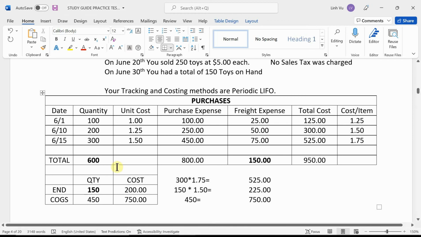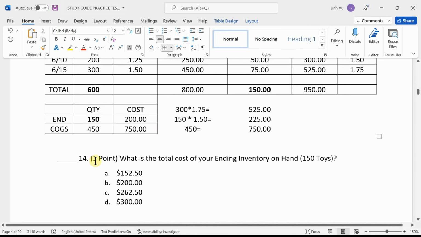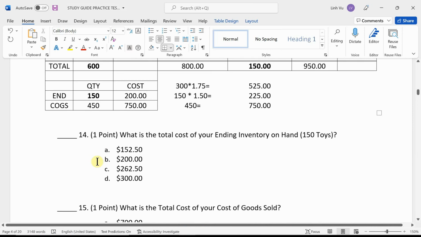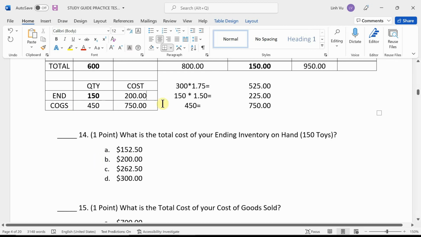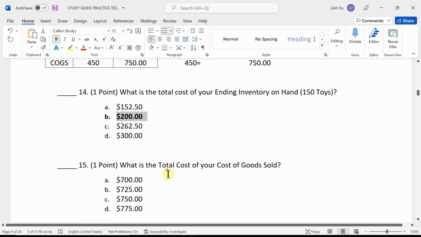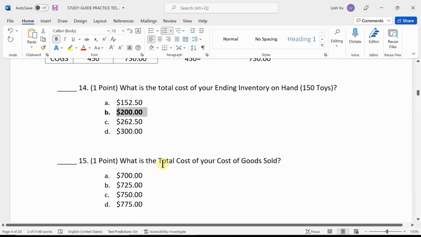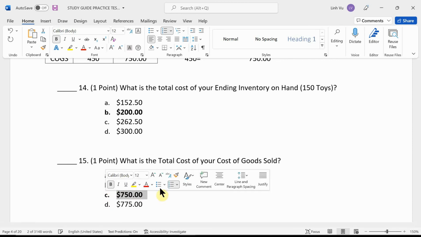Good. Okay. So first question here is, what is the total cost of your ending inventory balance on hand? 200. And then what is the total cost of your cost of goods sold? 750. Okay, good.